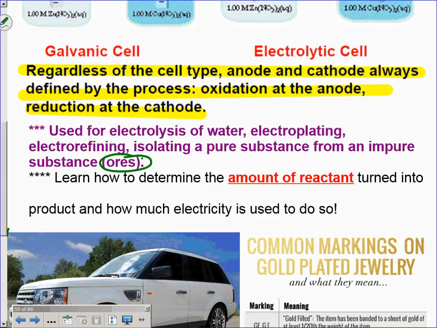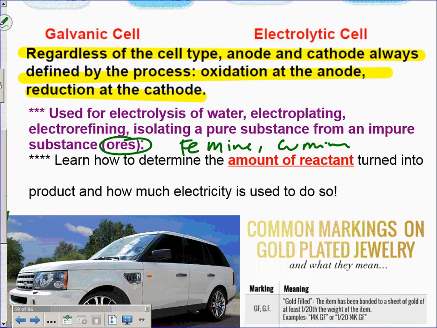So like in an iron mine or a copper mine, they'll get these big chunks of rock, and inside of it will have metals. And so we extract the metals through the process of refining, and that's going to allow us to isolate pure metals from impurities. So there's a lot of real-life applications here.